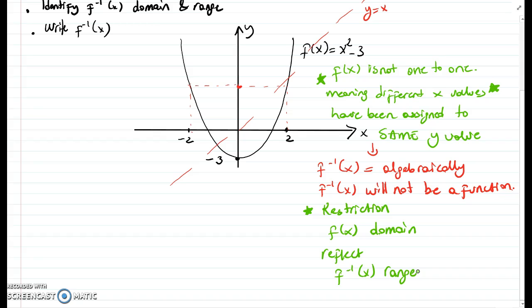Alright, so the restriction we're going to take, we can choose, since the values are happening on both sides of the parabola, we can either choose the right hand side of the parabola or left hand side of the parabola. We are free to do that. So we're going to start first, how are we going to choose the domain and the range, both for f of x and f inverse of x.